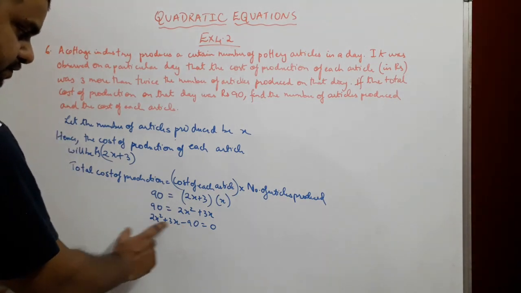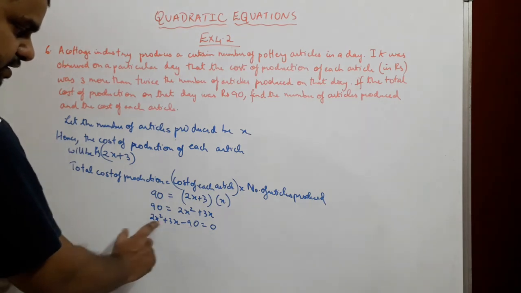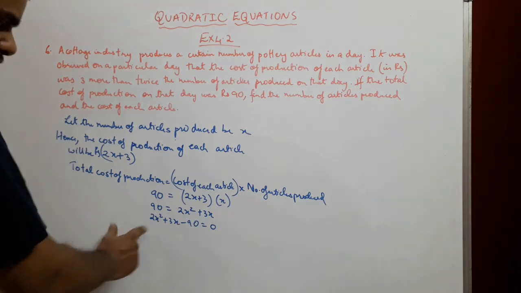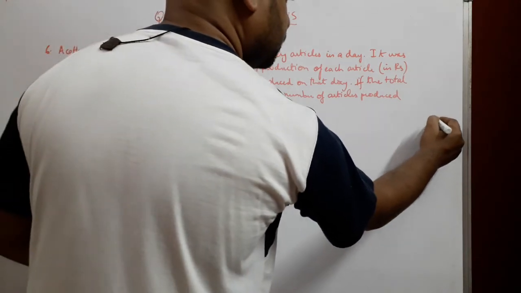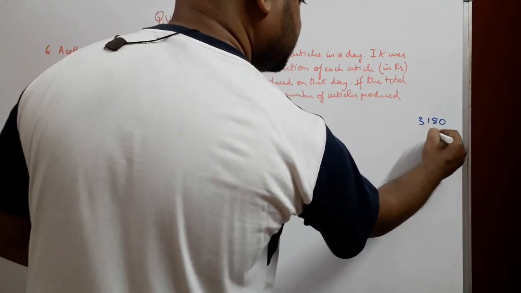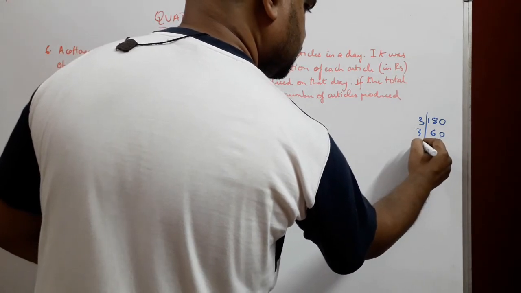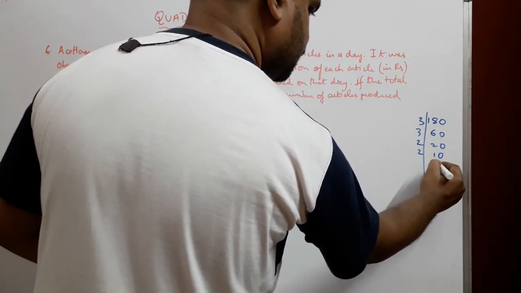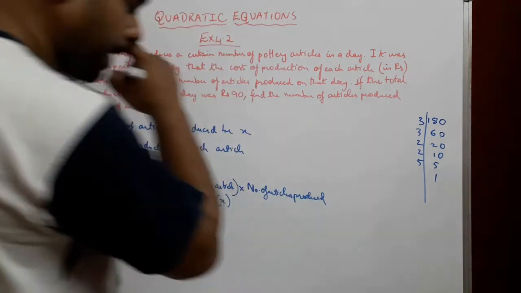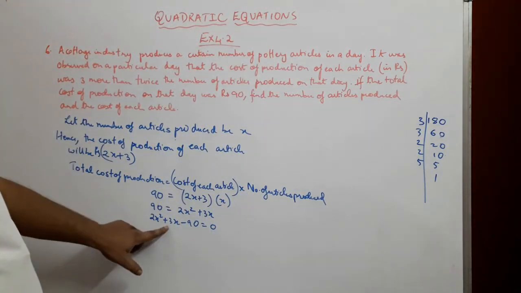So 90 multiplying last term into first term, so 90 into 2, 180. Let's factorize 180. So 180 if we factorize, we'll get 3 6 are 18, 3 2s are 6, 2 10, 2 5, 5 here. Okay, now we need to get a difference of 3.